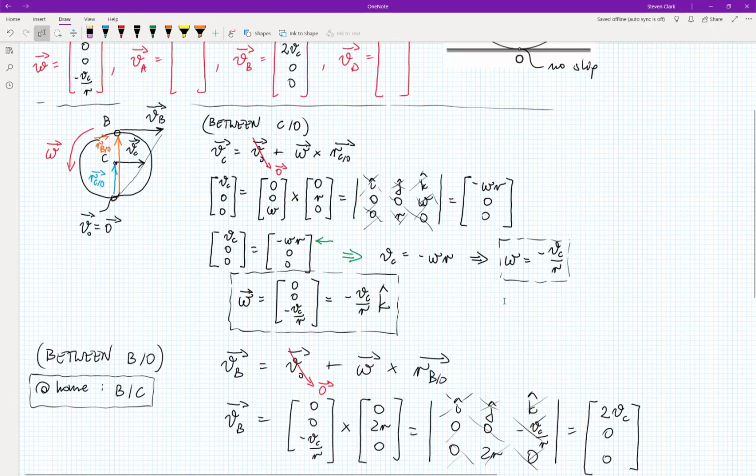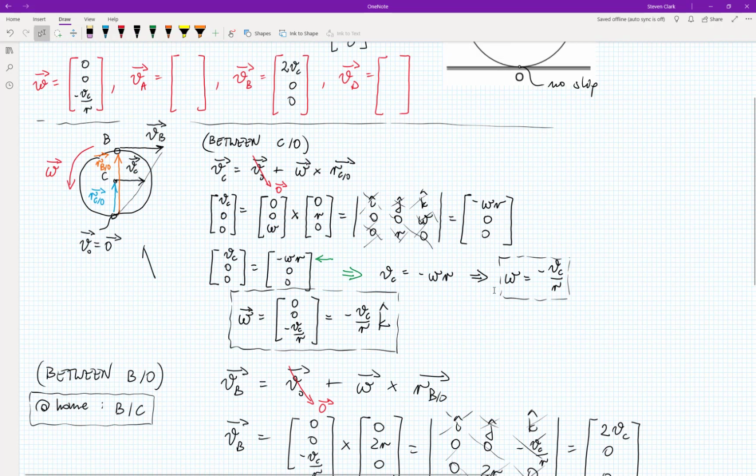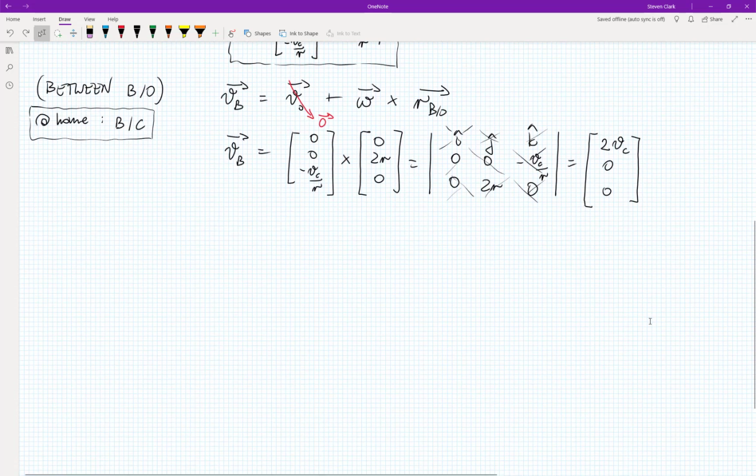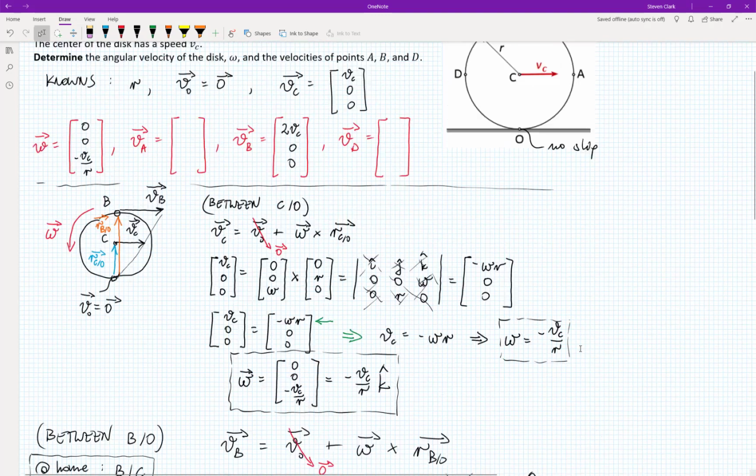I think that in this drawing we have already too many vectors. Let me draw a new drawing, okay? So we know that this is our circle. I can do a better circle. We know that the velocity of this point is 0. And where was point A? Let me scroll the board.